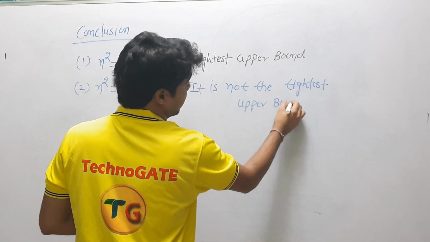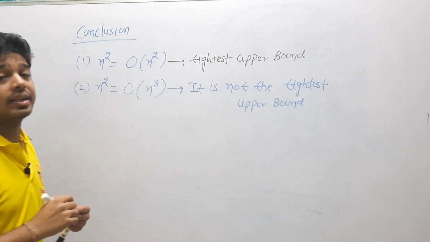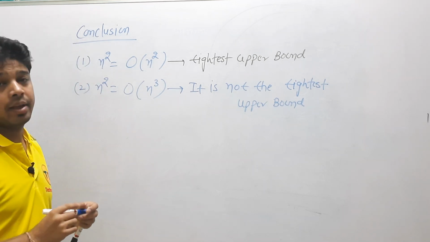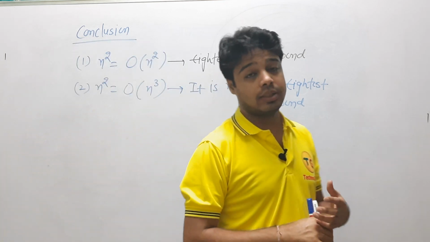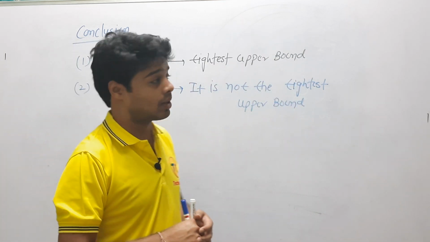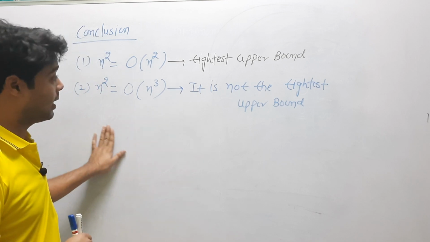We can say tightest upper bound only when left hand side and right hand side are both equal. So through big O notation we can say whether a function has a tightest upper bound or not. Clear?